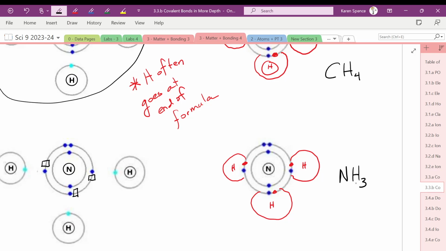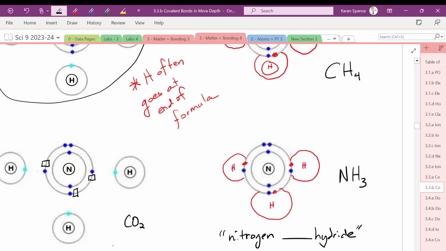And if you're interested in knowing the names of these compounds, some of the compounds that are really common sometimes go by non-standard names. The standard name for NH3 would be nitrogen something hydride. Can you guess what we'd put in front of hydride? Any guesses?